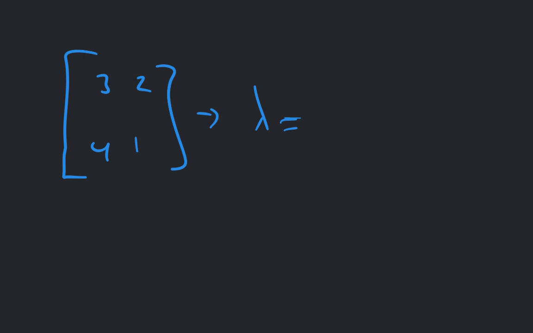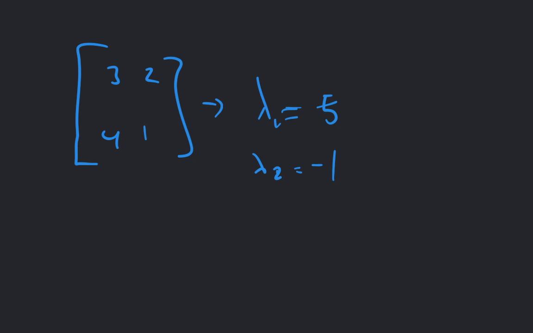So to summarize the entire process, we have this matrix 3, 2, 4, 1, which we found our eigenvalues, lambda equal to 5 and lambda equal to -1.